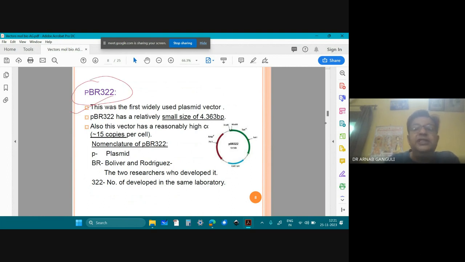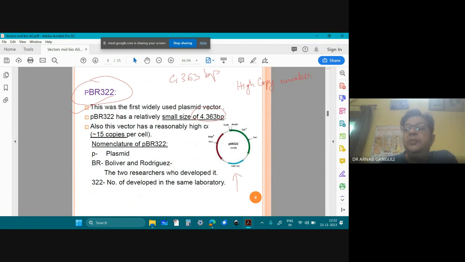This was the first widely used plasmid vector. This is the map of pBR322. It has a small size, 4363 base pairs. This vector also has a reasonably high copy number.